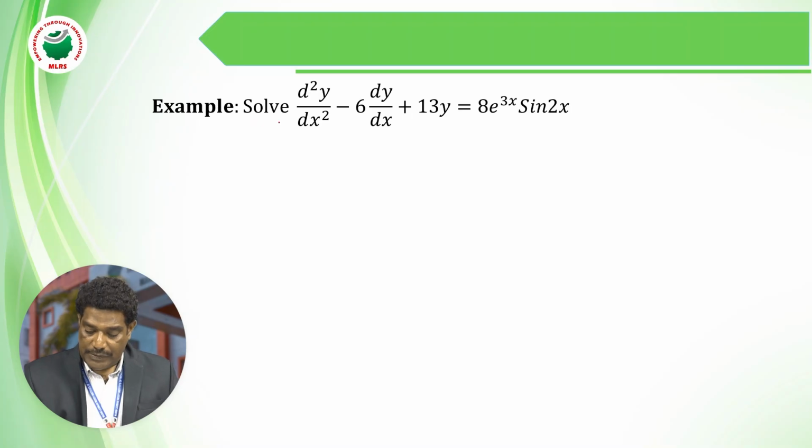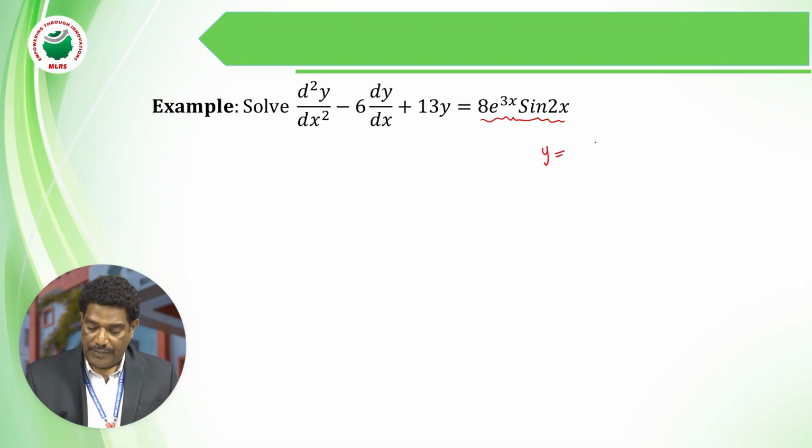So our example here: solve d square y by dx square minus 6 into dy by dx plus 13y equals 8 e power of 3x into sine 2x. So this is a second order differential equation. Okay, what is the general solution for this equation?